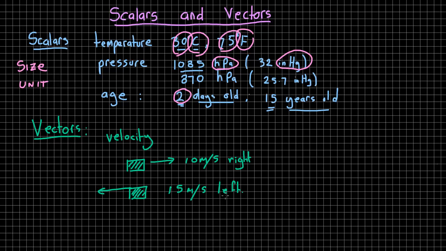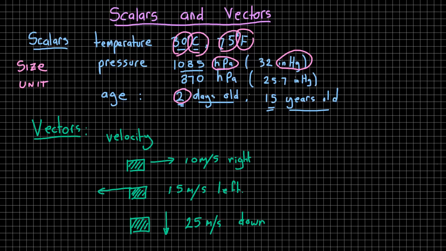Here we've got to give a direction as well, and this is the thing that marks vectors as different to scalars. Third example, we've got some object and it's falling at 25 meters per second, and it's falling down, so moving down, not up.